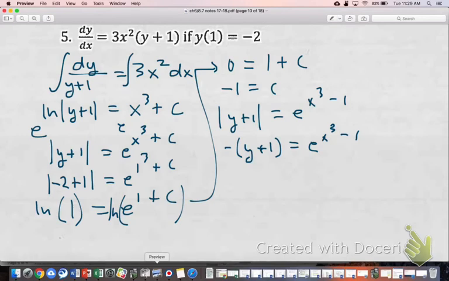Okay. Follow up, Lee? So we're only putting the negative outside because y of 1 gives us a negative. And the absolute values turned that negative into a positive. Right, so we got to put that negative out there because we have a negative out there. Yep.